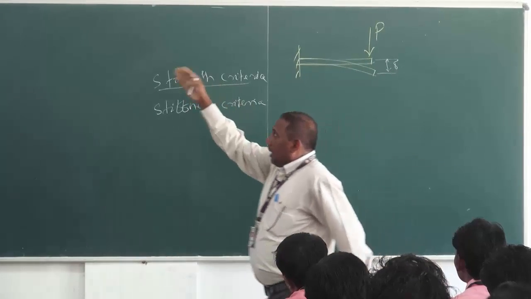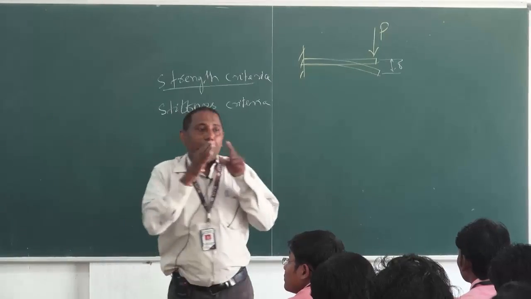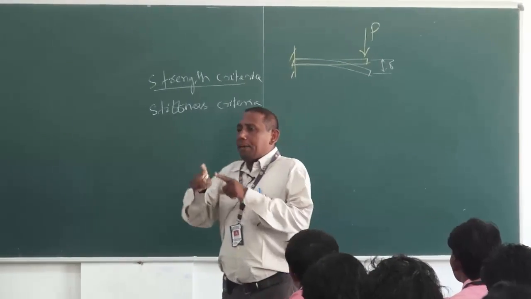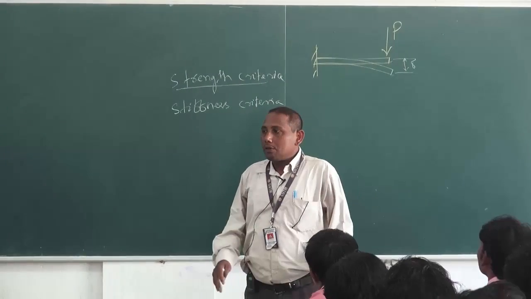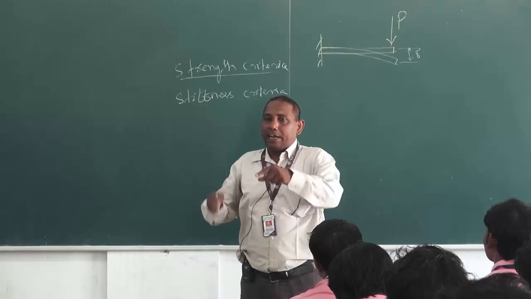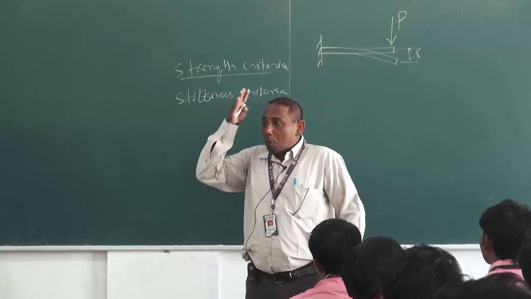Again, how to determine the deflection in a beam due to external load? We have so many methods. The conventional or classical methods include the double integration method, Macaulay's method, and moment area method.